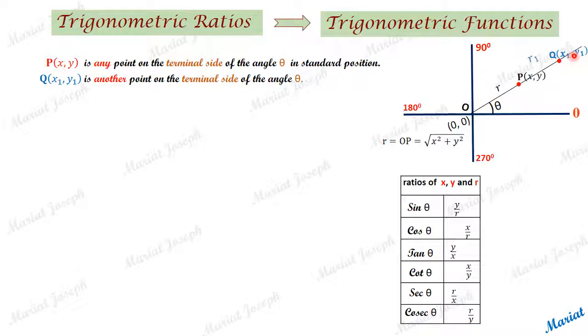Now we have three new numbers regarding this point Q. Two coordinates x1, y1, they are different from this x and y. The directed distance r1 which is not equal to this r.